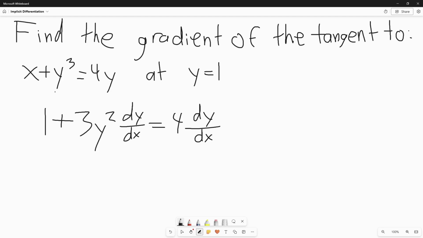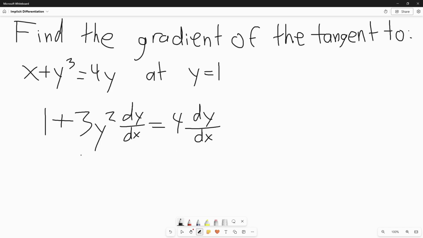And again, whenever you're taking the derivative of y, you need to think about it like a chain rule. 3y squared times the derivative of y. And so now let's try to isolate dy over dx. Or, an easier way is to just plug in 1 for y, as we have no x values in this derivative.